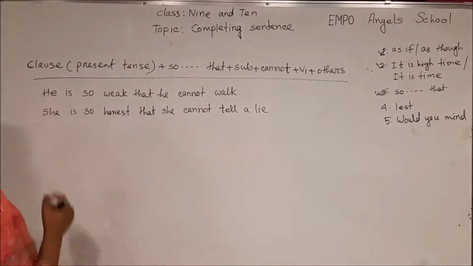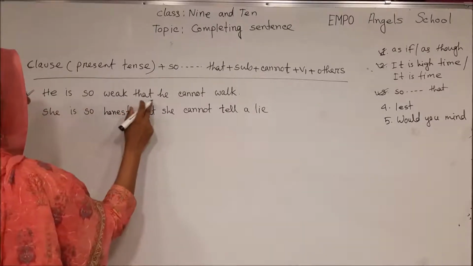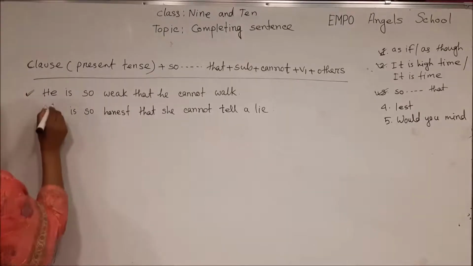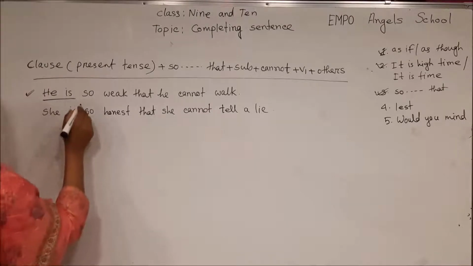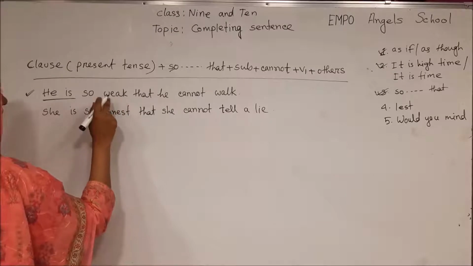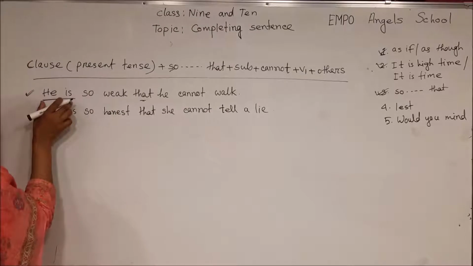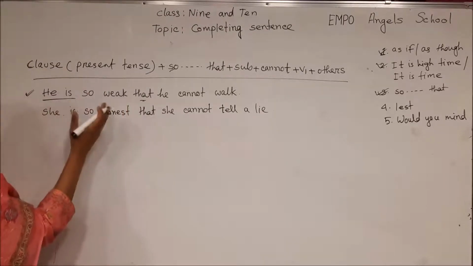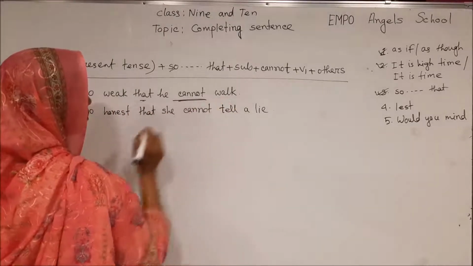Let's see. In the first sentence, he is so weak that he cannot walk. Dear students, notice here, it is a clause in present tense. So, in the middle, we have an adjective, then "that". So, if the clause is in present tense, then we have to complete the rest of the sentence adding "cannot" and taking verb one.